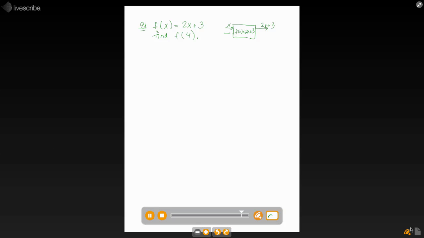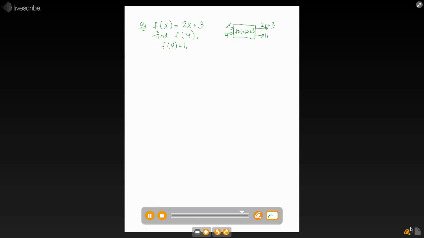If you stick in a 4, what's it going to do to 4? Double it, what do you get? 8, and add 3, you get 11 out. So what's f of 4? 11.